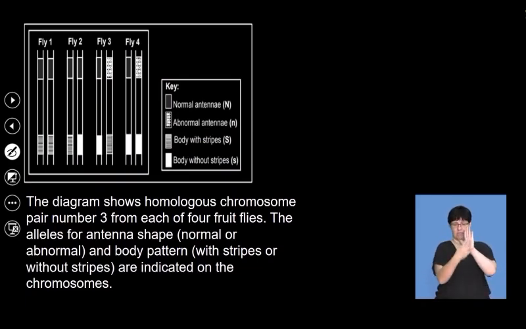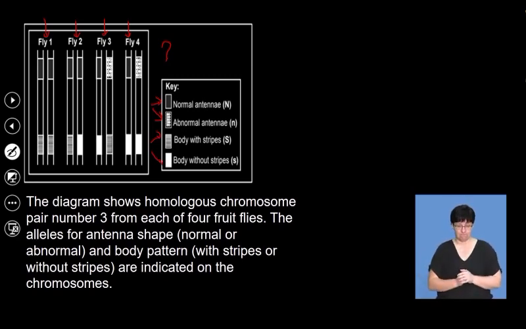Okay, let's look at this diagram. So here you've got the homologous pair for fly number 1, a pair for fly number 2, 3, and 4, and a key that indicates the shape or the color code for the normal antennae and the abnormal, as well as the body with stripes and the body without stripes.